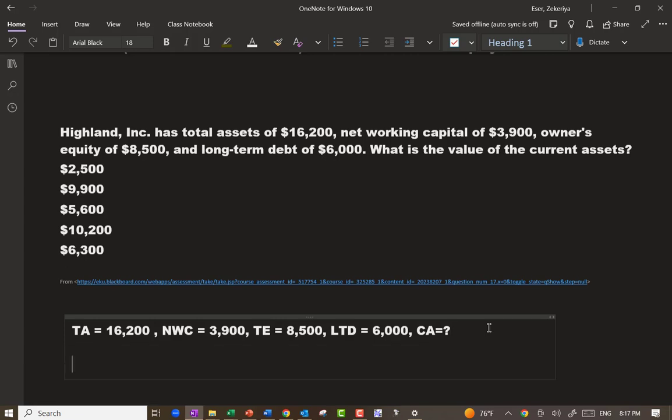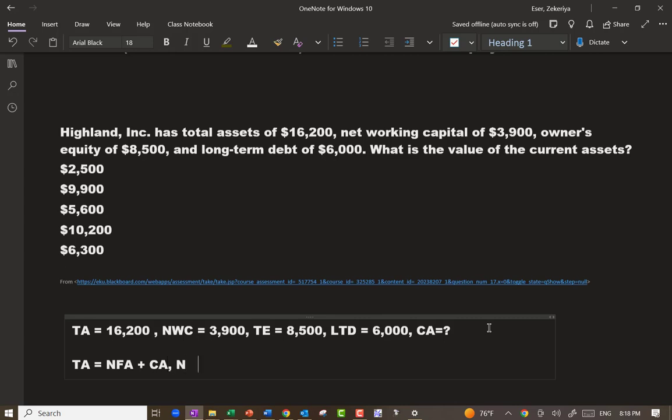Now, I know total assets. I know total equity, okay? So total assets are equal to net fixed assets plus current assets. Since I don't have any information about net fixed assets, that doesn't seem to be an area where I can do anything with it.